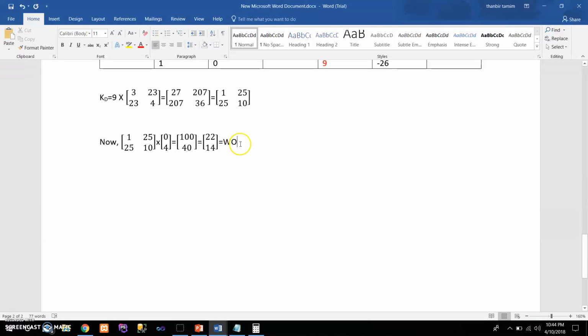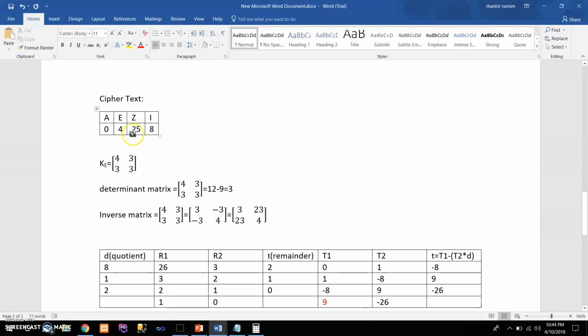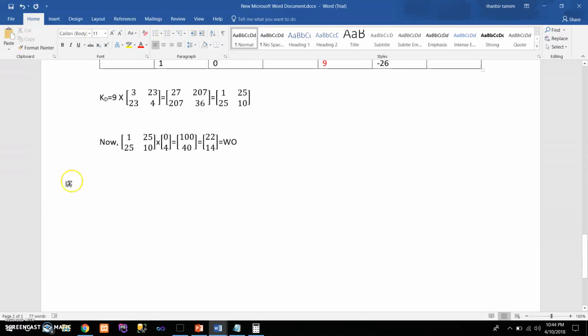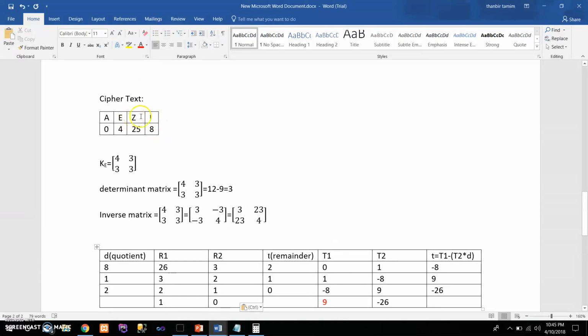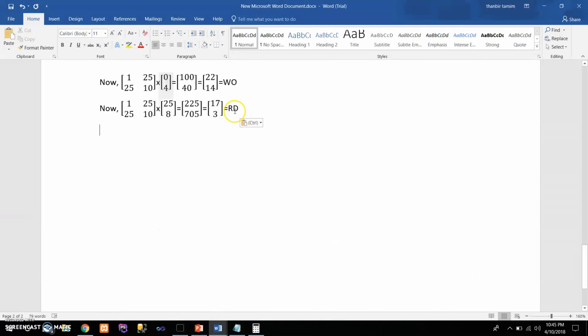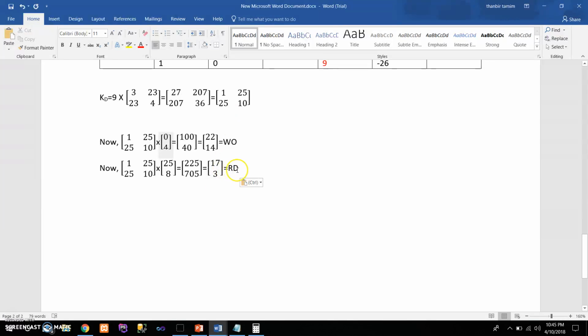And by using the same process, we can convert the next part. Okay. And I got the last portion of this here, Z and I. For the Z and I, we got the plain text R and P. So our total plain text is W O R P.